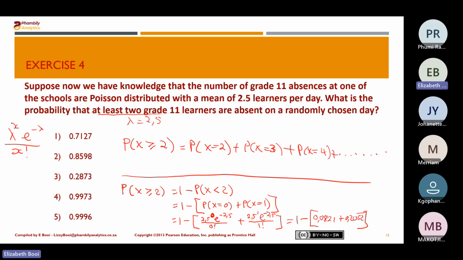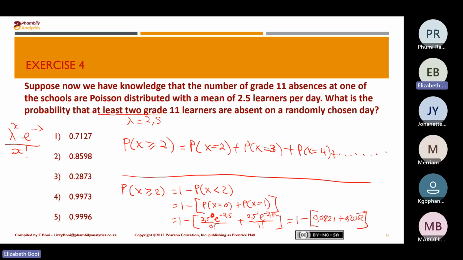Add both of them together: 0.0821 plus 0.2052. The answer we get for this probability is 0.2873.